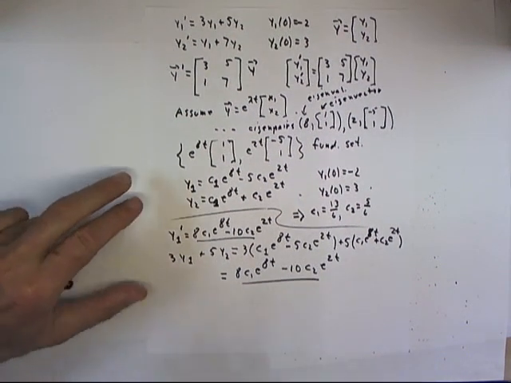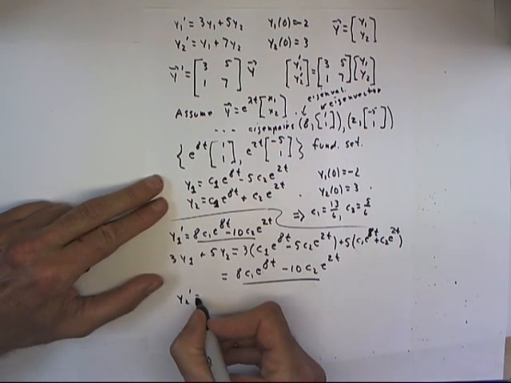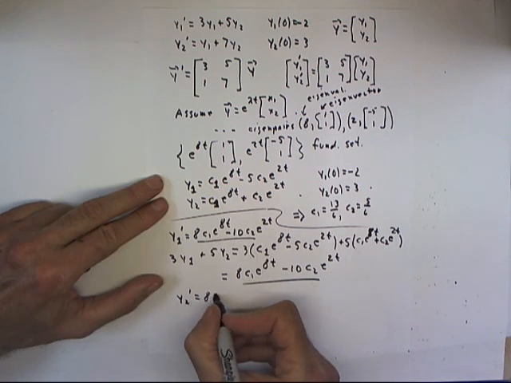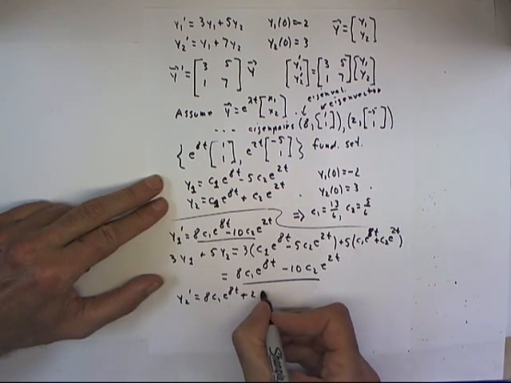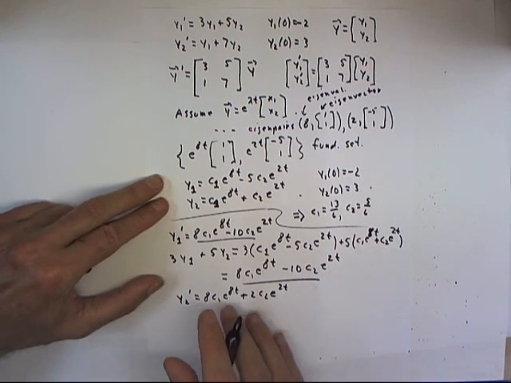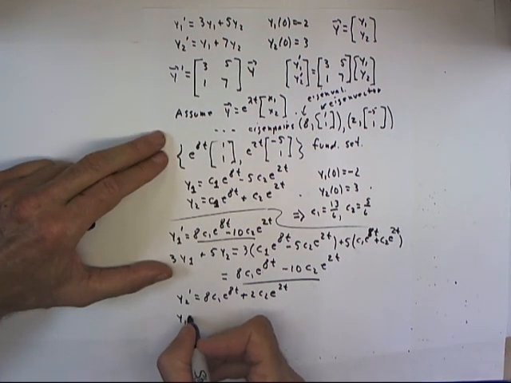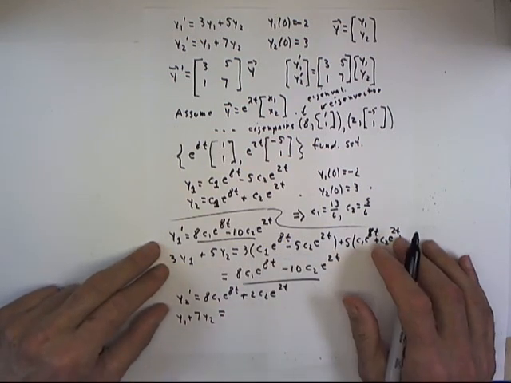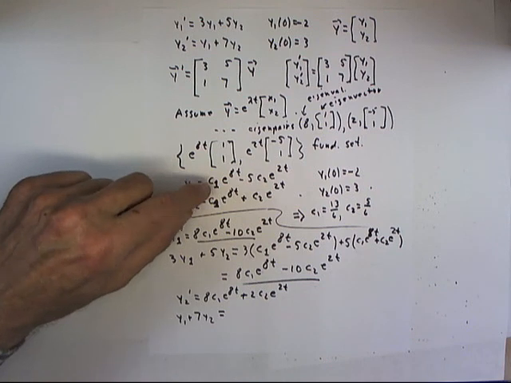And we might as well finish this up if we have room. y2 prime, as we said earlier, is 8c1 e to the 8t plus 2c2 e to the 2t. And that should equal y1 plus 7y2. Now I'm not going to write it all out here. y1 is just this, and 7 times y2.